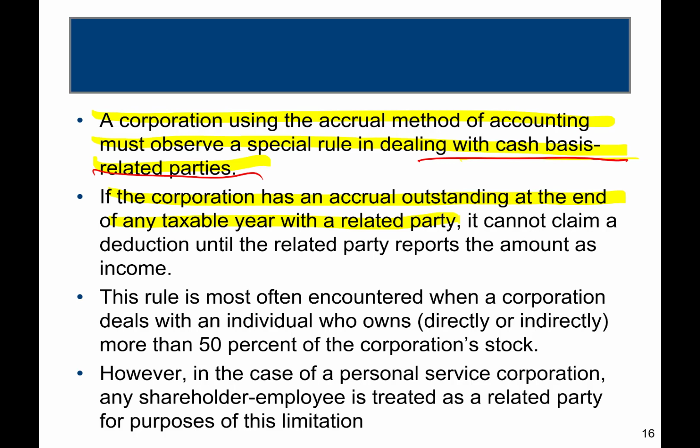They say that it cannot claim a deduction until the related party reports the amount as income. So they're saying, hey, look, if the individual that's related to you is going to report that as income in 2018, even though you might have accrued an expense at the end of 2017, you can't take that as a deduction until what? 2018, because that individual is not going to include it in their income until 2018.